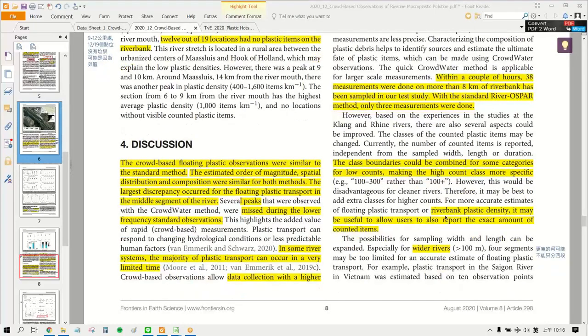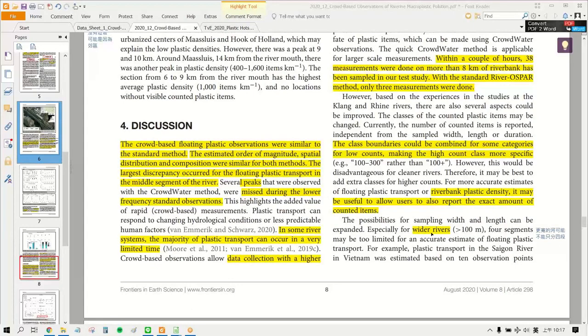About the riverbank plastic density, it may be useful to allow users to also report the exact amount of counted items, because sometimes it varies. And for wider rivers, because some rivers may be very big, 4 segments may be too limited for an accurate estimate.